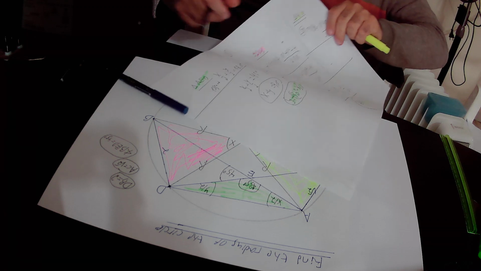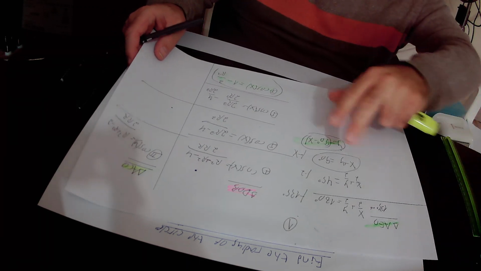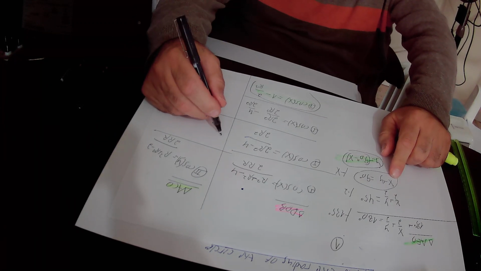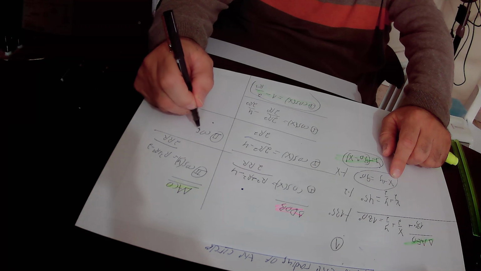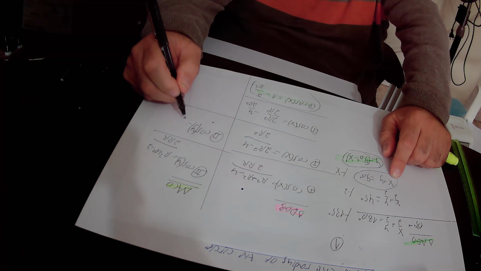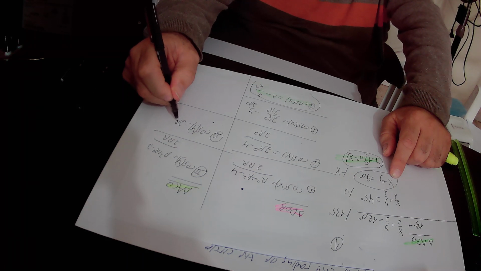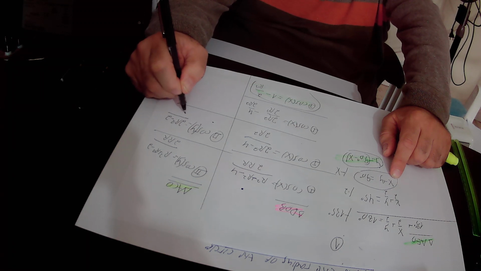So here cosine y equals r squared plus r squared, which is 2r squared, minus 2 over 2r squared.